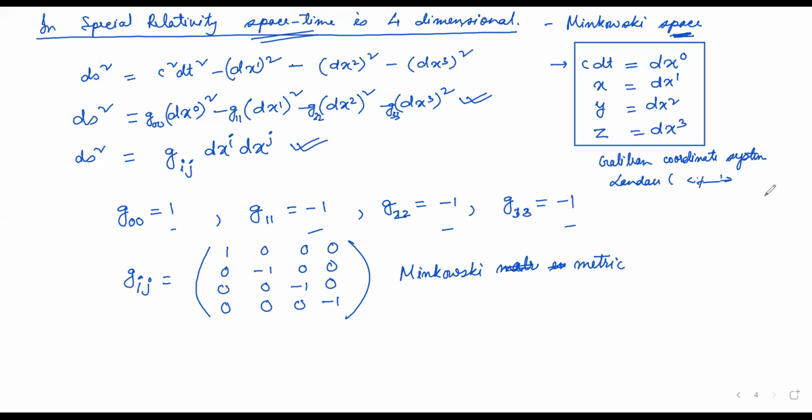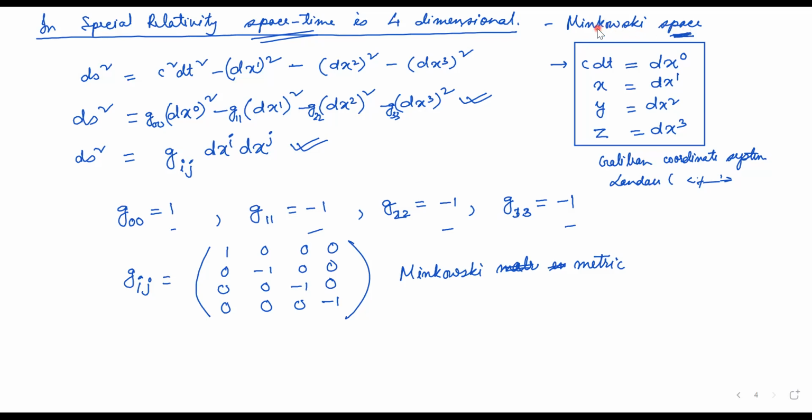So the metric tensor gij has this form when you use the Galilean coordinate system in Minkowski space.